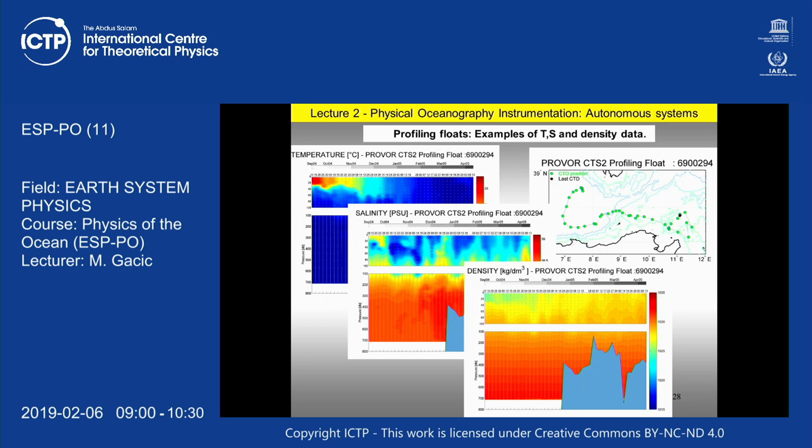Because if you look at the time when the float was present in this specific part, this is the beginning, this is the end, and that's the period when it was September, October, when there is a warmer surface area. So you have to take into account that these are not simultaneous synoptic measurements, but they are also in different parts of the year.